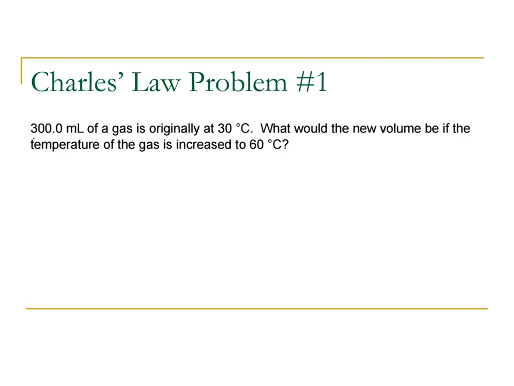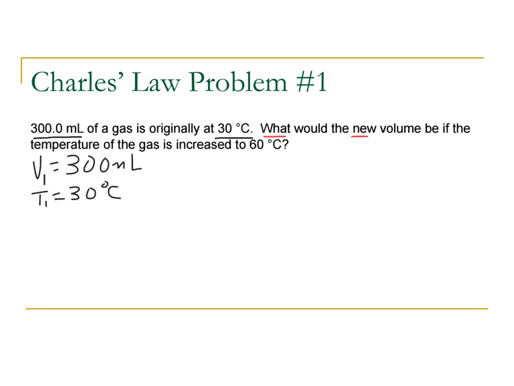All right, let's take a look at this one. 300 milliliters of a gas. So right away, I know the volume is 300 milliliters, so I'm going to write that down before I read any further. Let's see, I keep reading here, originally at 30 degrees. Okay, I'll write down, that's a temperature. T1 equals 30 degrees. Keep reading here.